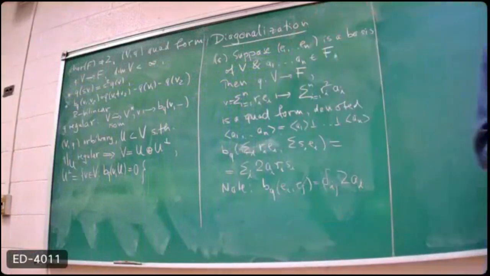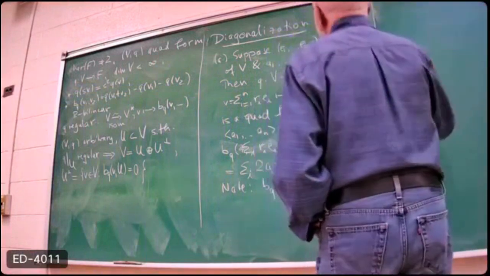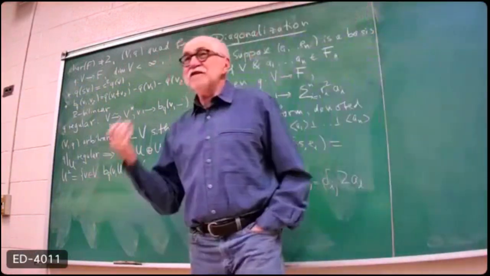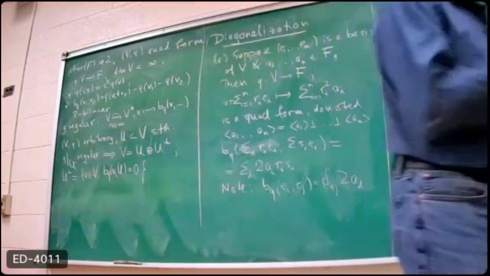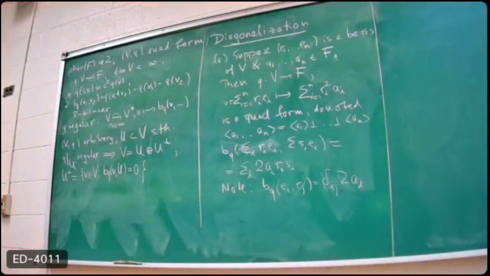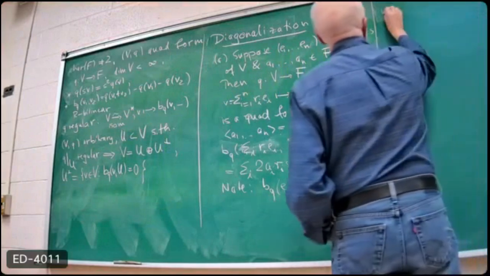Okay, so we see that every basis can be made an orthogonal basis for some quadratic form. And diagonalization says that the converse is also true in the following sense.